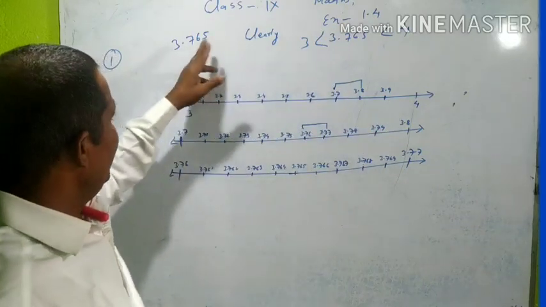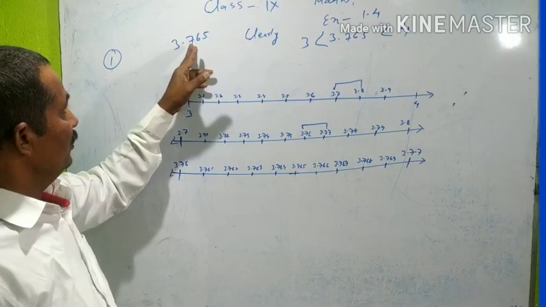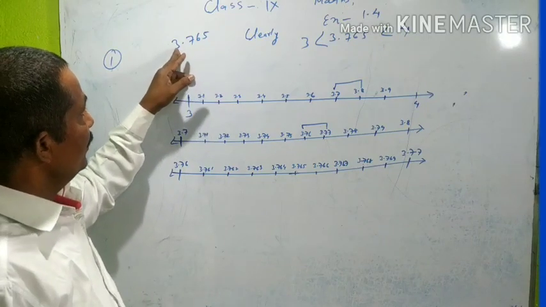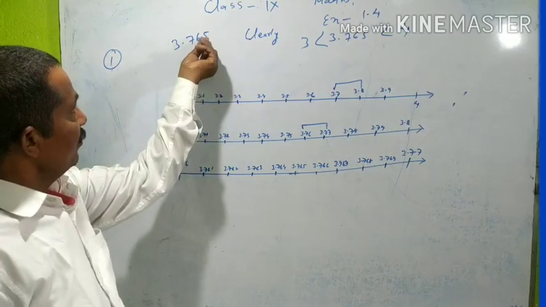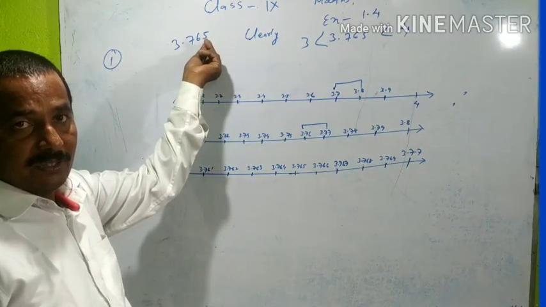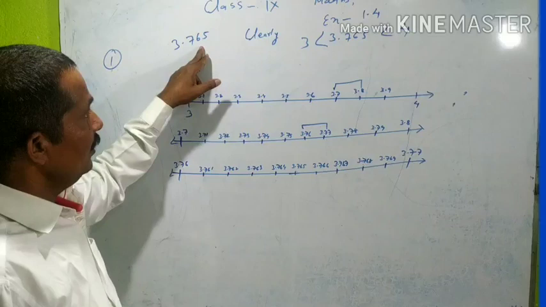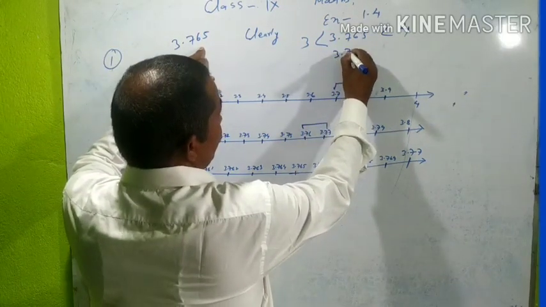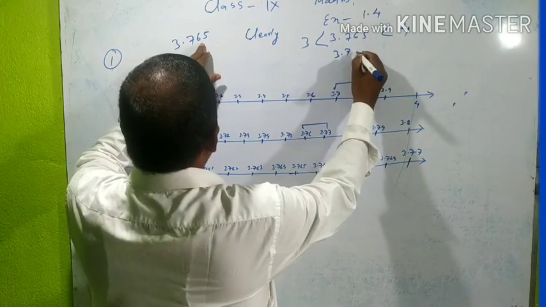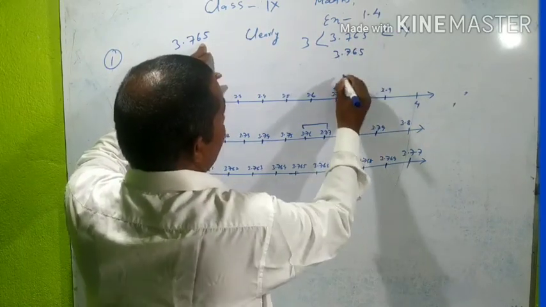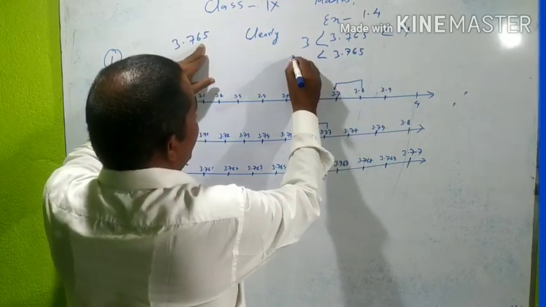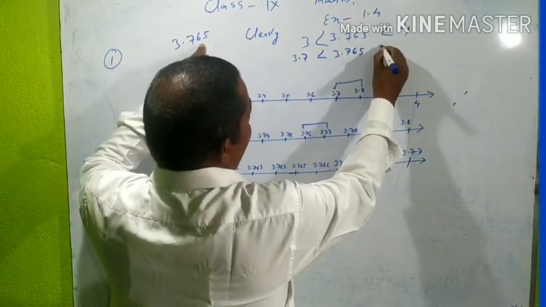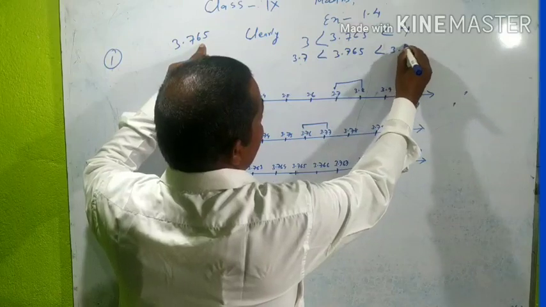Then for the first decimal place digit you take 3.7. So that means 3.7 and some more digits are here. That means 3.765 will lie between 3.7 and 3.8.